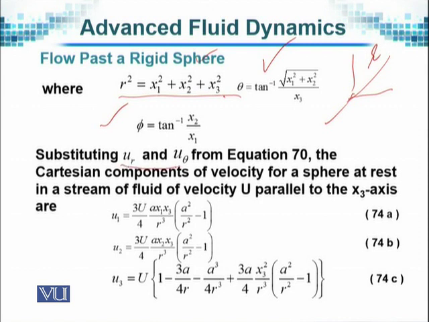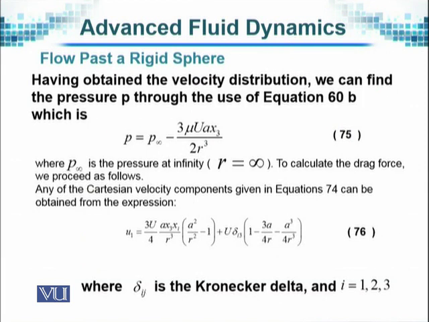Substitution of these values of x1, x2 renders us u1, u2 and u3 from the solutions that are obtained for u_r, u_theta and so on. And having obtained these values, we need to find out the value of pressure also.